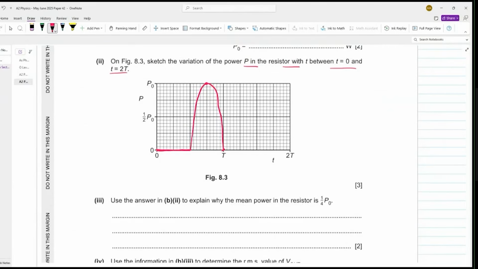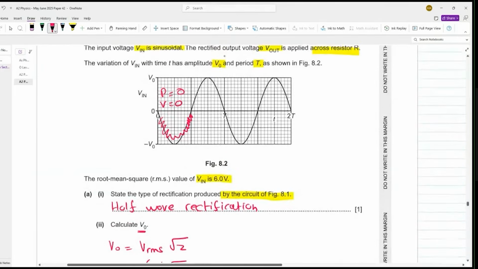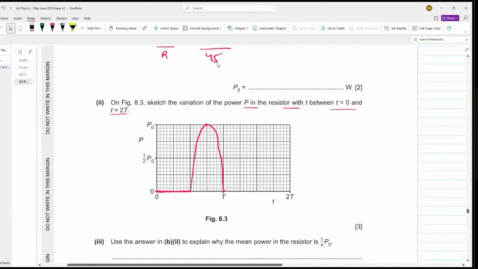Then from time t equal to capital T till here, you have negative voltage. Hence, your voltage will become 0, power will become 0 again. Again, in the positive cycle, your power will become P naught.